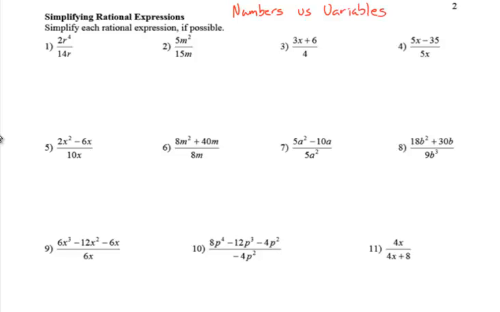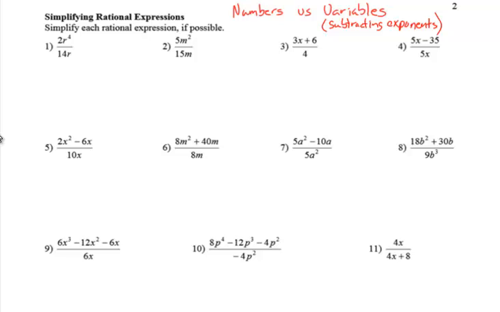So remember, there's different rules for how we simplify and how we divide numbers and how we divide variables. With variables, often what we're going to be doing is we're going to be subtracting the exponents. And you'll see what I mean here in a moment as we look at some examples.